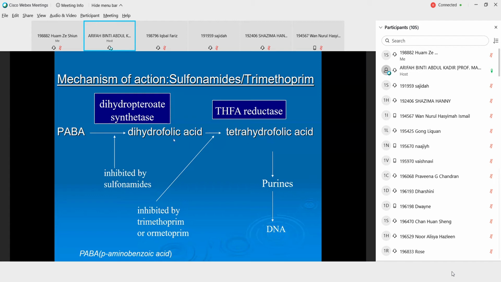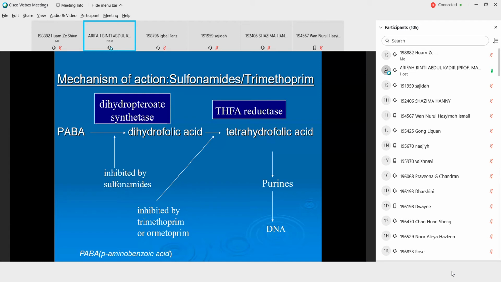Many will ask me, why doctor, sulfonamides already inhibited the dihydropteroate synthase enzyme, so why do we need trimethoprim? Definitely the mechanism has been interrupted, it won't produce DNA, but by giving trimethoprim or ormetoprim, it works synergistically.